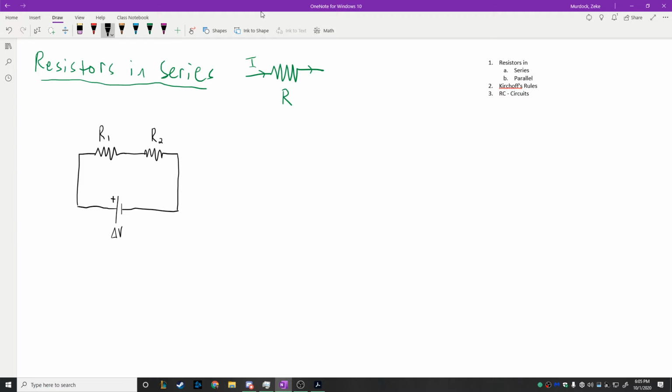Then this is generally labeled as the positive side of our battery, and electrical current is going to flow through our system from the positive around to the negative, through both of the resistors.